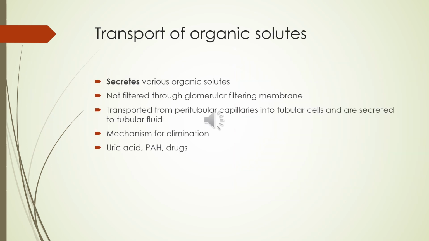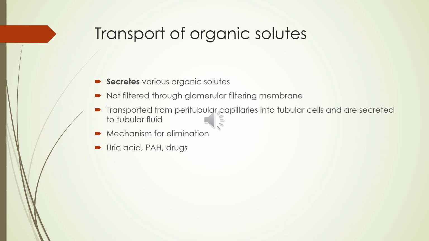So far we have discussed the reabsorption of solutes and water from the proximal tubules. But there are certain substances that are secreted into the proximal tubules. There are certain organic solutes which are not filtered through the glomerular filtering membrane during glomerular filtration, as they are bound to protein molecules.